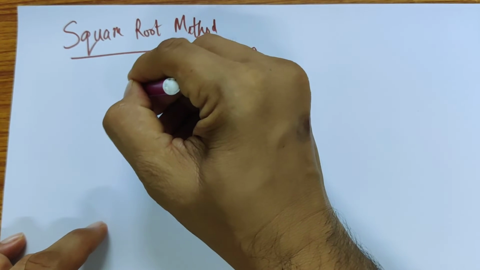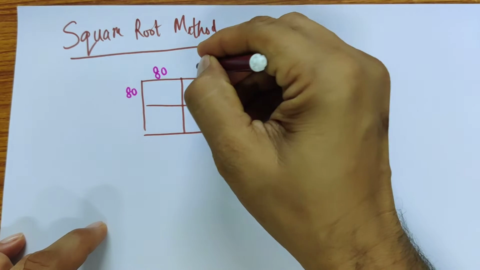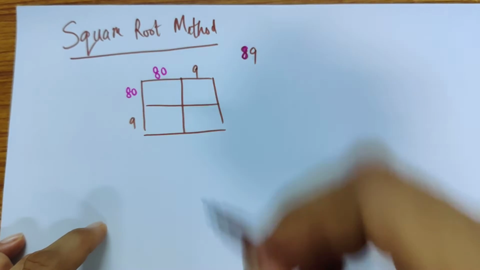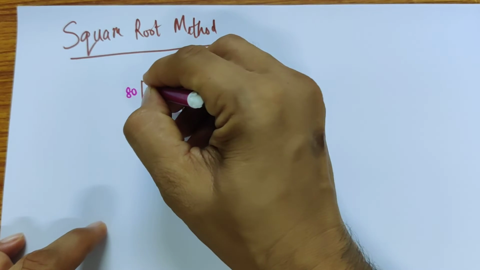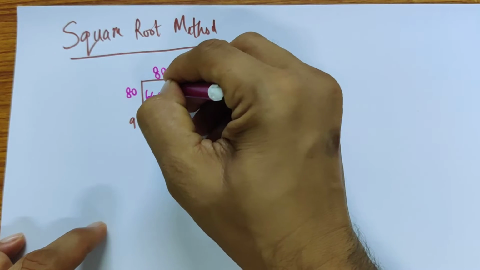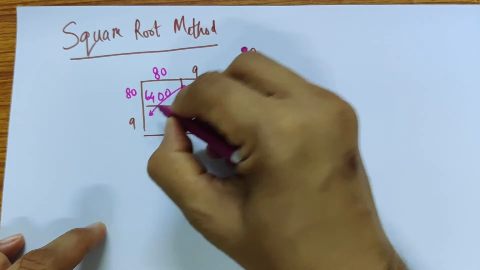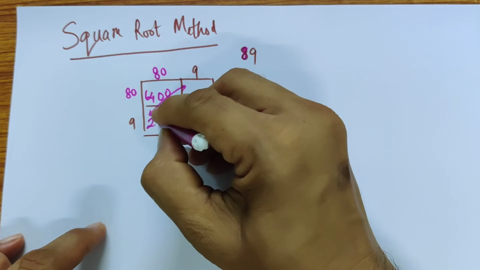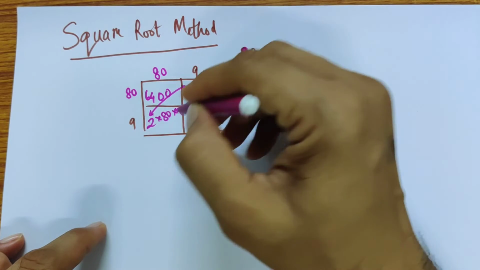So I put 80 here. These are tens. And I put the ones here, that's 9. So the 80 square is going to give me the 6400. This is the space of 2ab, so that is 2 times 80 times 9. I mean, this is 80 times 9, that is 80 times 9.